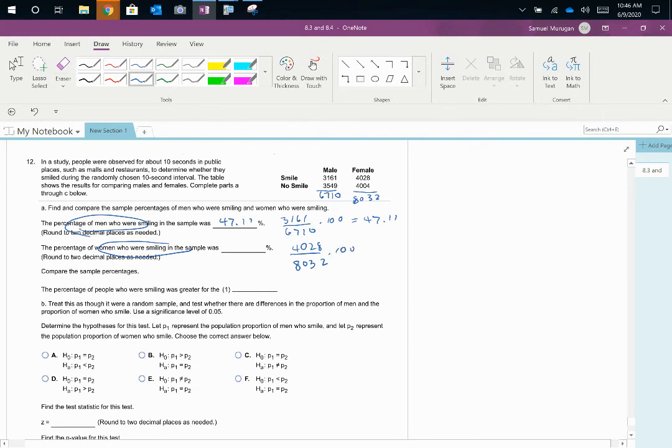Put that in the calculator. 4028 divided by 8032 is approximately 50.15%. So the sample for people who was greater for the women, okay? Women smile more.